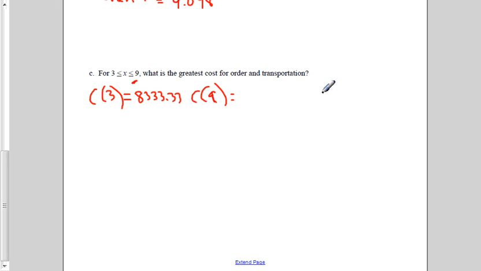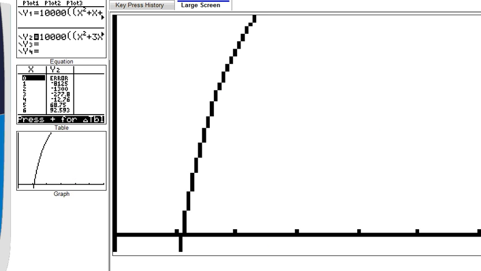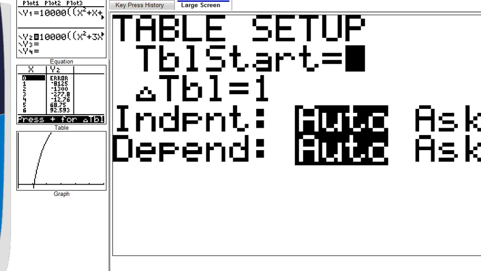So 4.098 is going to be a critical value, and I've got to find out what the cost is at 4.098. I know the cost at 3, so let's go back to my calculator. I need to find the cost. Table set 0 by 1.